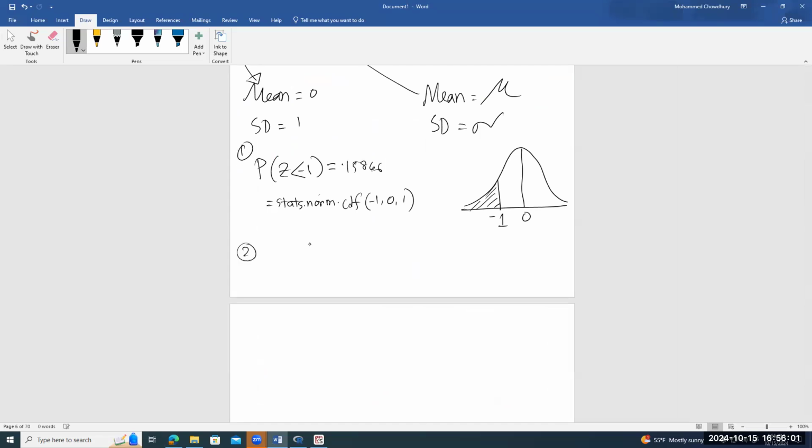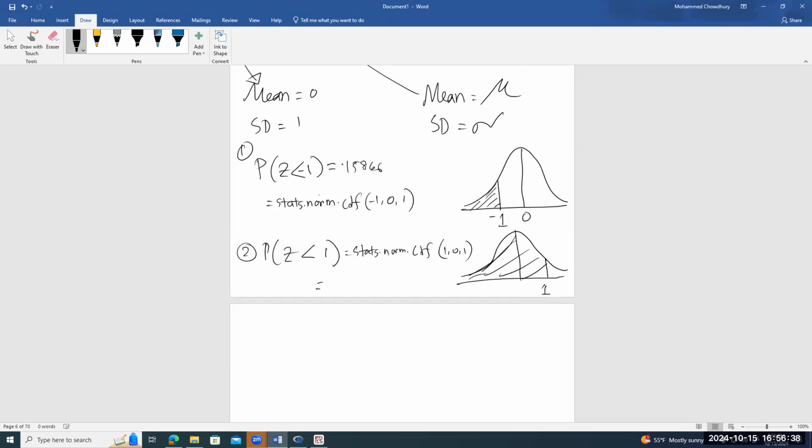The second problem: probability of z less than 1. Probability of z less than 1 is equal to which one? Like this. So what I can do here is just stats.norm.cdf(1, 0, 1). Then what are you going to get here?